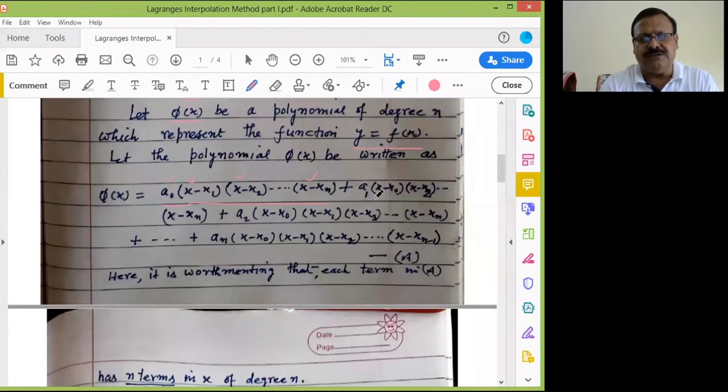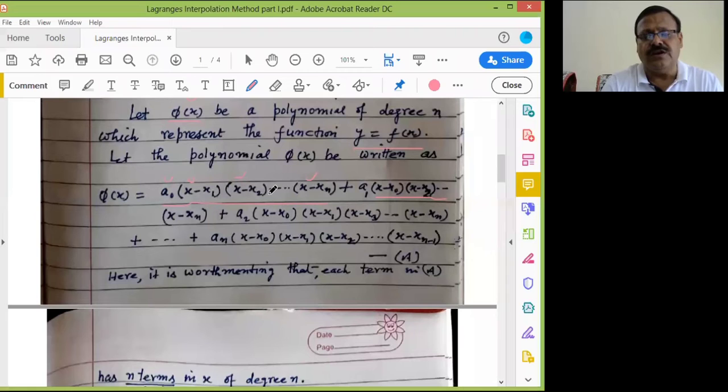Similarly, we have also another term, x minus x naught. When here is a naught, then here is no x naught, because ultimately we have to compute the value of a naught. If you put x equal to x naught, x naught minus x naught is equal to 0, and this term becomes 0.